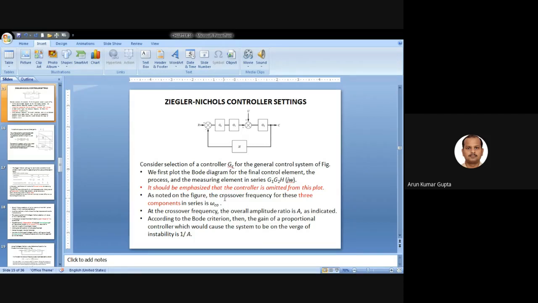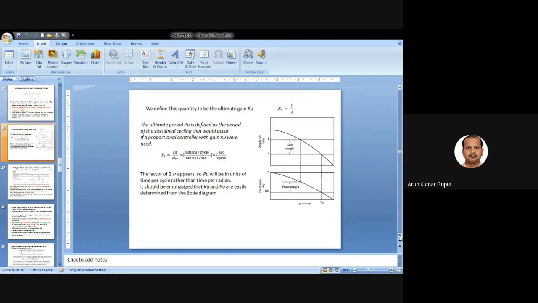From there we will calculate the crossover frequency, where the phase angle is minus 180 degrees. At this crossover frequency, we find the amplitude ratio value, and correspondingly the ultimate values, which we can call Ku and Pu.